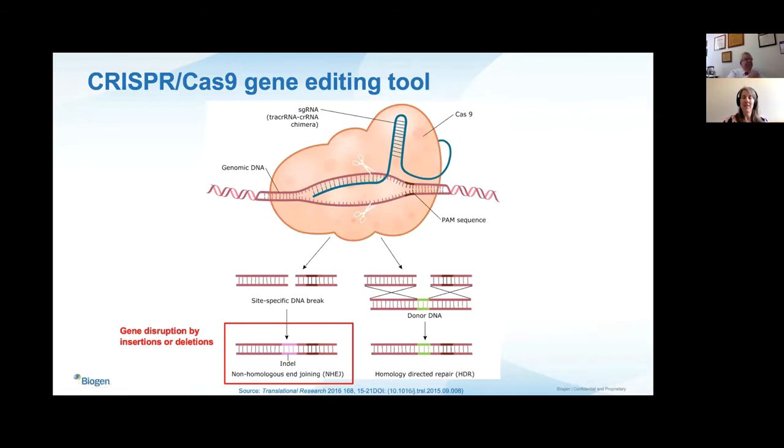This process is error-prone, which creates gene disruptions by insertions or deletions, otherwise known as indels. For the screen I'll talk about today, we take advantage of this pathway to create specific gene knockouts across the entire genome to try to understand our compound's MOA. We also have the ability in the lab to do CRISPR inactivation and CRISPR activation screens, which use a dead Cas9 enzyme to turn the transcription of a gene on and off. But I'm not going to talk about those today.